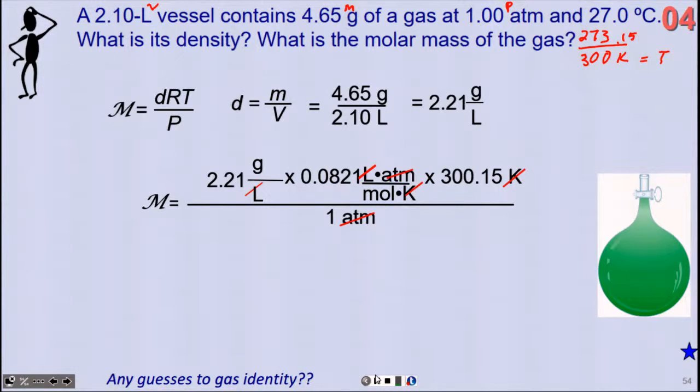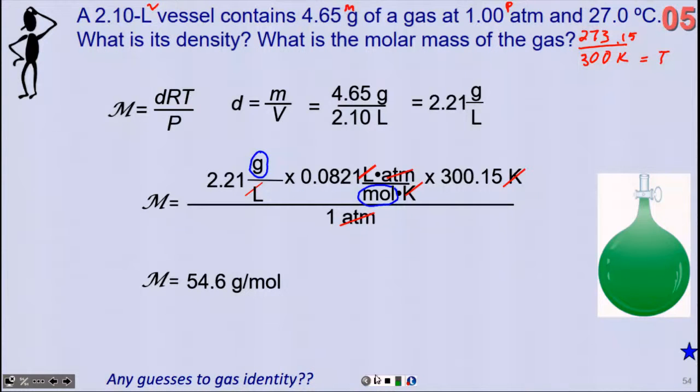And if you've done it all correctly, the units that remain should be the desired units. Grams per mole should give you molar mass, remembering that if you always pay attention to your units, it's a really good clue as to whether things are set up properly. And it gives us a molar mass of 54.6 grams per mole.